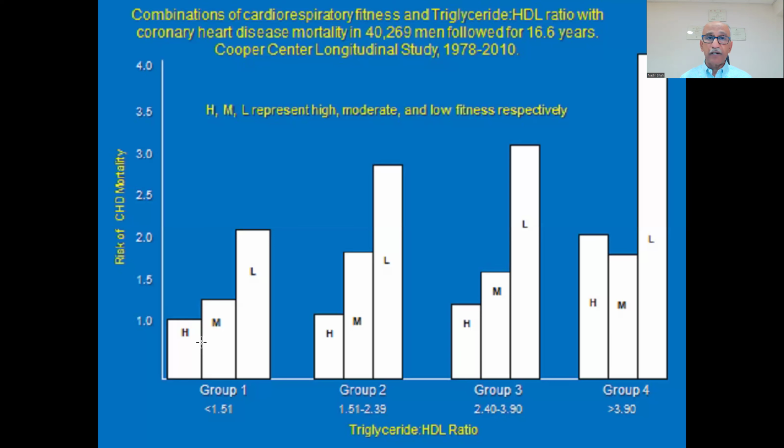I read him about 8 years ago and implemented it on myself, and my HDL didn't go from 27 to 58 or higher overnight or over 6 months. It took about 1.5 to 2 years. And at the same time, I saw the triglyceride drop pretty quickly with my alternative lifestyle. So this I wanted to share here in group 1.